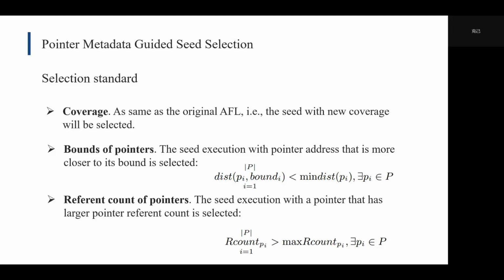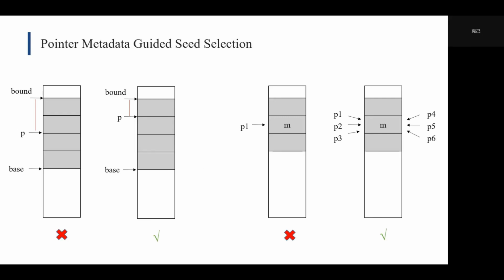For example, use-after-free or double free vulnerability is caused when developers operate on already freed pointers. We consider that pointers with more references should be focused on. Here is the example.